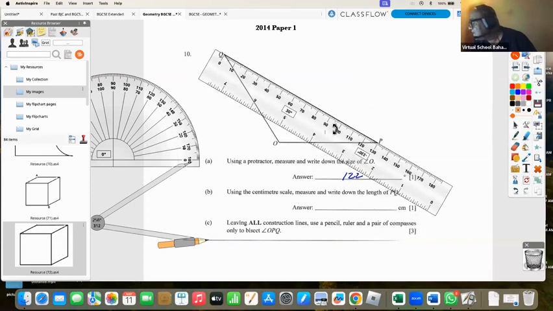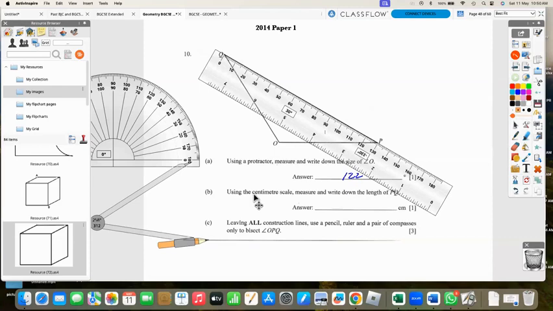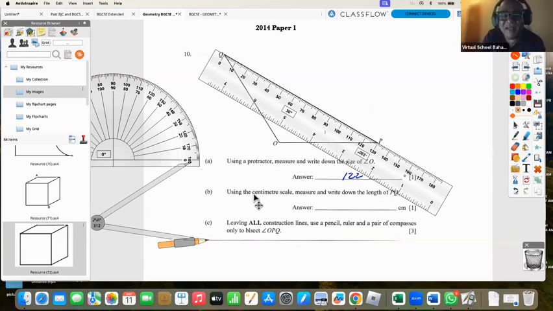What do we get there? 130. Put your hand up if you agree with me. What was the measurement? My bad, 13. Remember, some rulers would have 1, 2, 3, that is centimeter.